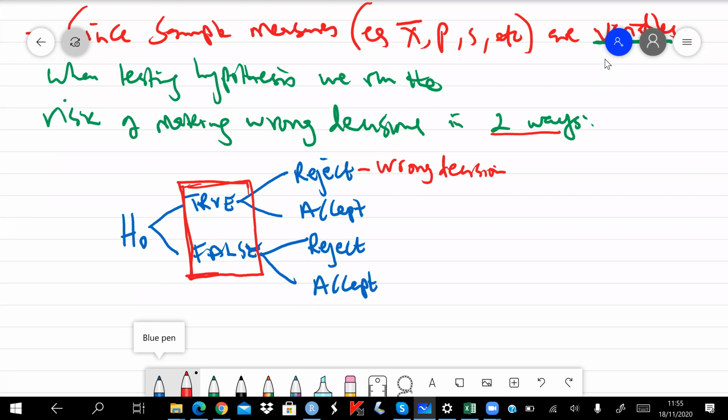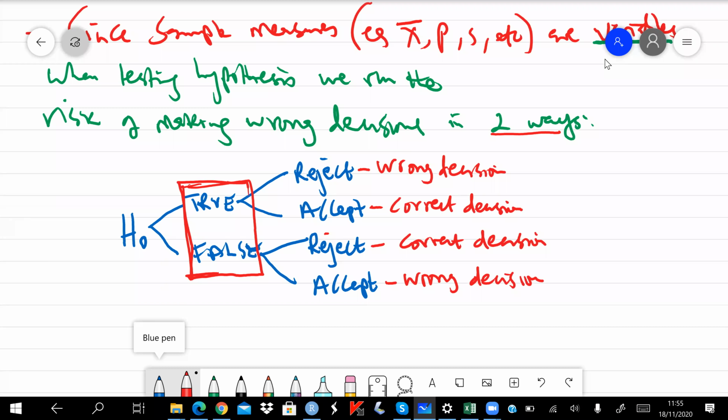If you accept a true null hypothesis, this will be a correct decision. If you reject a false null hypothesis, this will be a correct decision. And finally, if you accept a false null hypothesis, this will be a wrong decision. So there are two ways when testing hypothesis in which you can make the wrong decision, this way and this way.